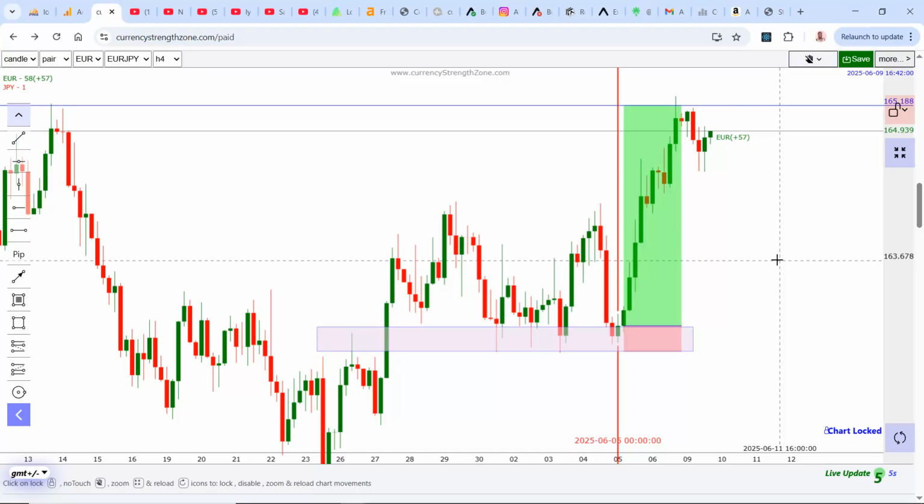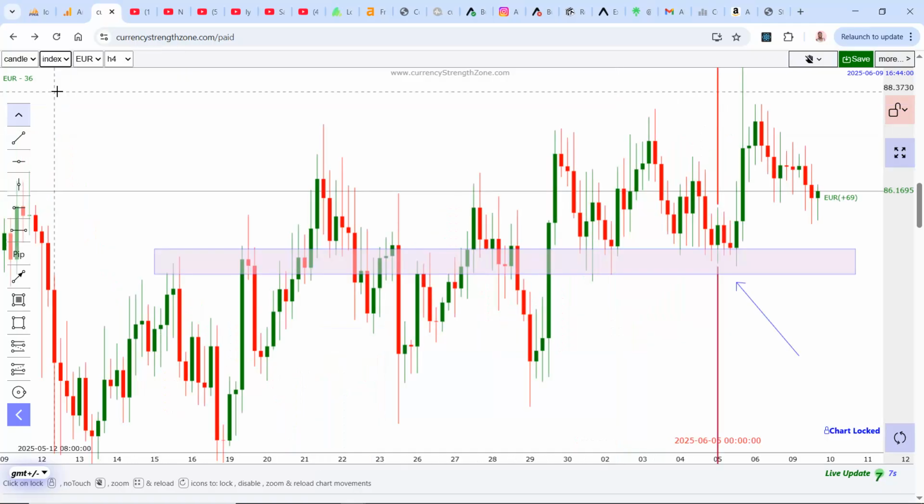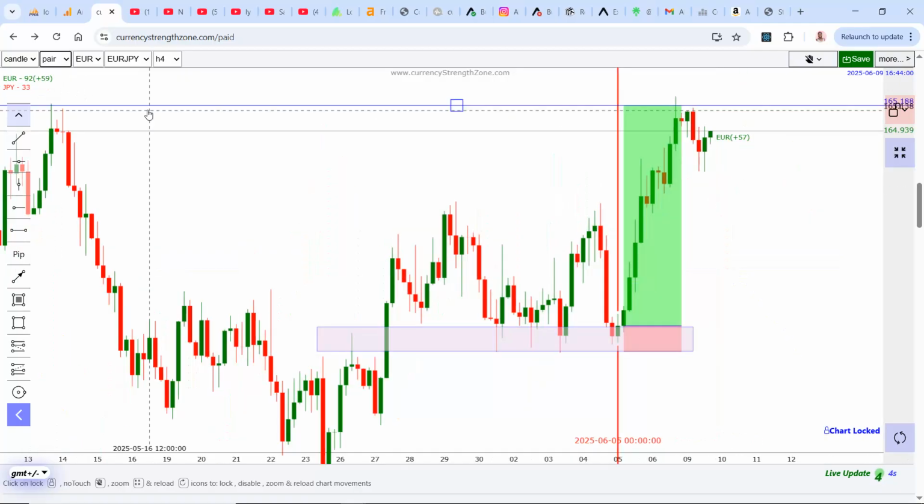So let's check another example. From this pair, Aussie Swiss franc.